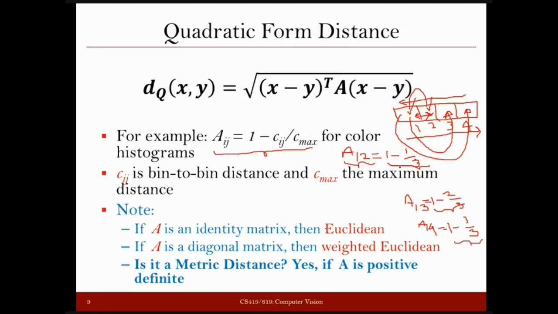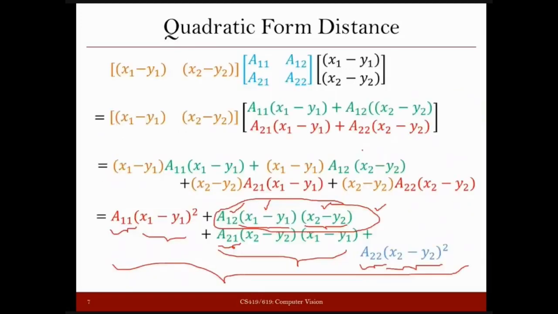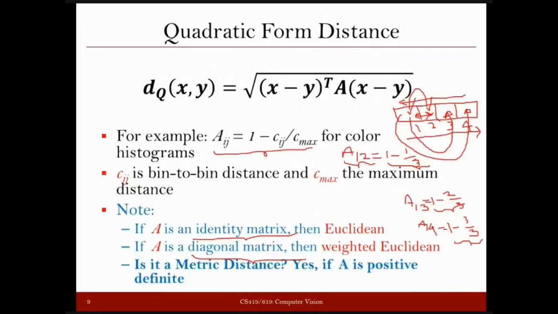Fine. Here, if matrix A becomes the identity matrix, then you will see that this formula will be nothing but the formula of Euclidean distance. If A becomes a diagonal matrix, you can go to the previous example and assume that the diagonal values are some weights. So you have only the diagonal values in the matrix, other off-diagonal elements are 0, then this formula will become the formula for the weighted Euclidean distance.